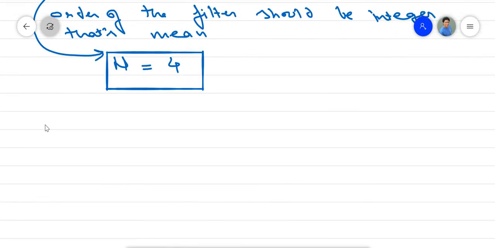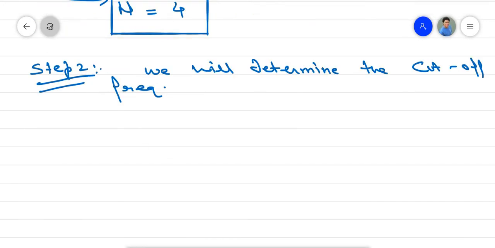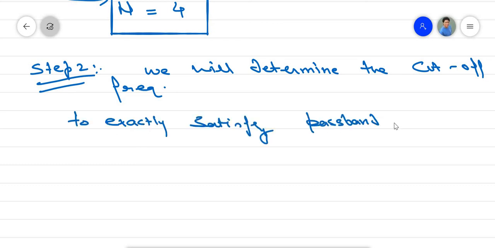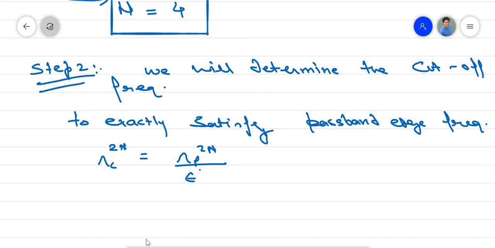In step 2, we will determine the cutoff frequency. We know from our previous lecture, omega C will either depend upon the passband frequency or the stopband frequency, depending upon which should be matched perfectly. But in this case, it is not mentioned, so we will use omega P. To exactly satisfy the passband edge frequency, omega C to the power 2N will be equal to omega P to the power 2N over epsilon squared.